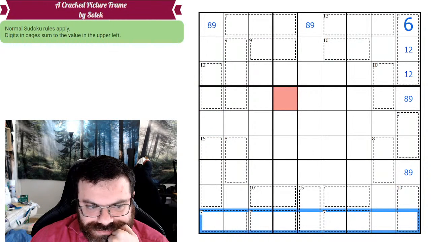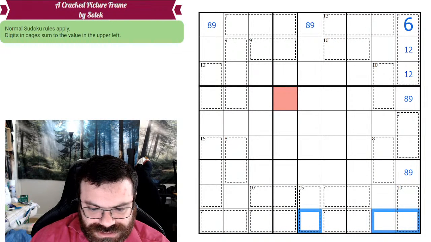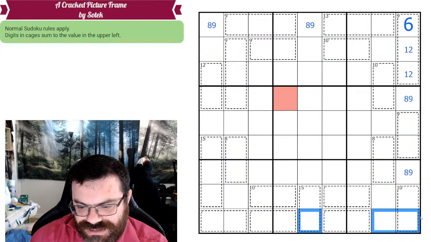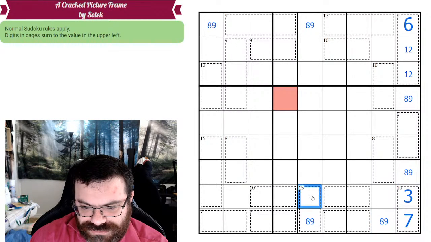How about this row? So the outies are here. 45 minus 21. Those add to 24. So these have to be 6, 7, 8, 9, and this has to be the 7. So that's a 3. If that's an 8, then this is a 7.